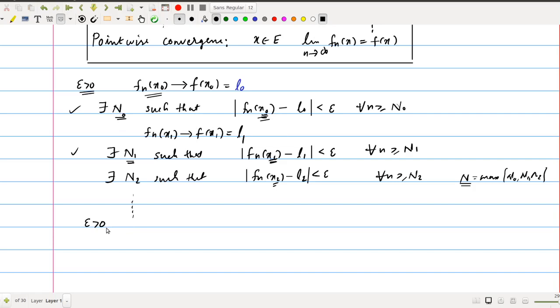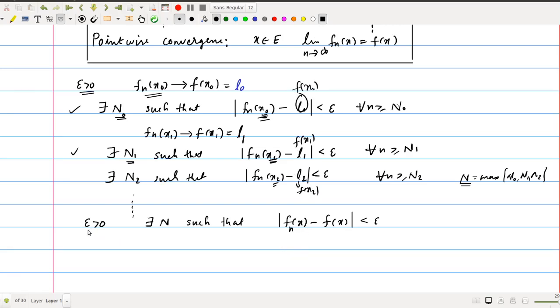Corresponding to epsilon greater than 0, there exists n such that |Fn of x minus f of x| less than epsilon. In fact, this L0 is our f of x0, this is f of x1, in our notation this is f of x2, and so on.